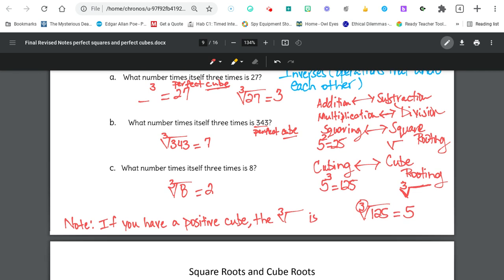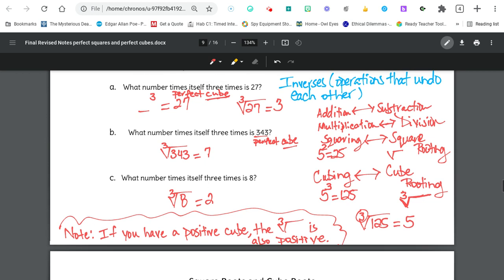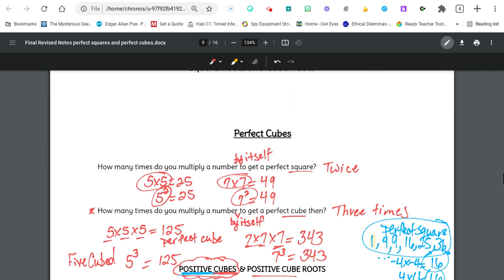I just use cube root notation. But that doesn't hold true for square roots.